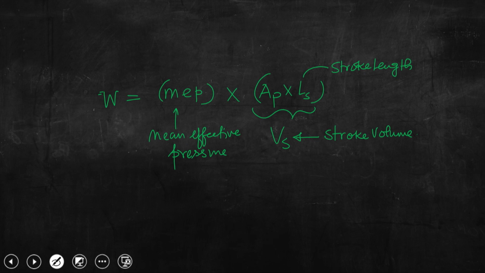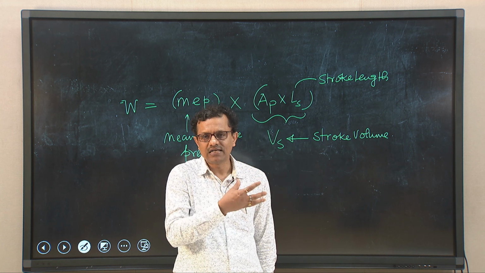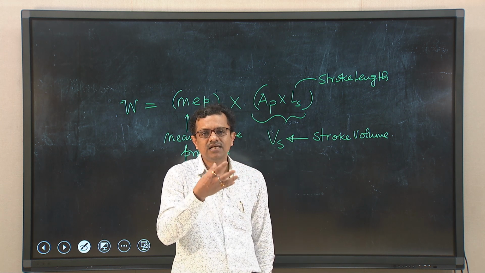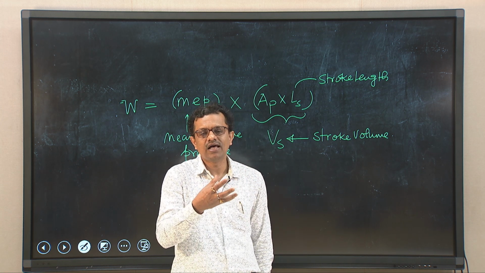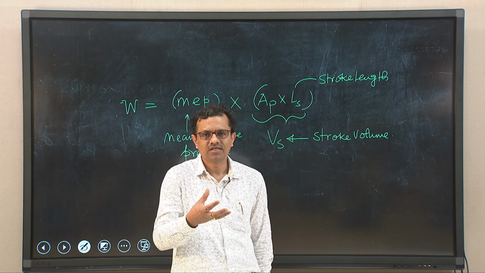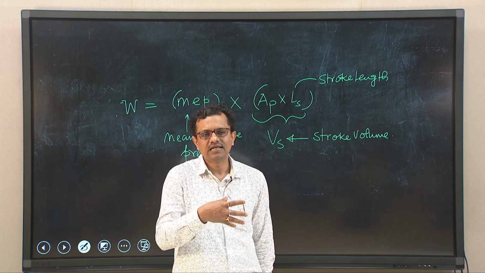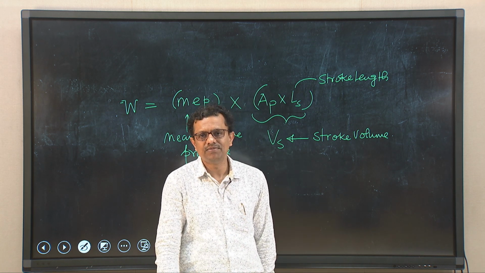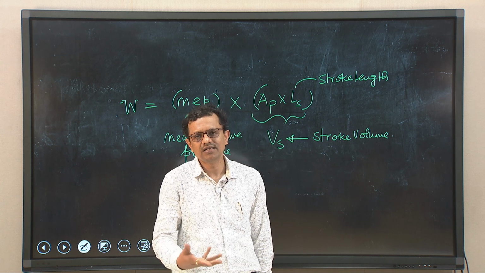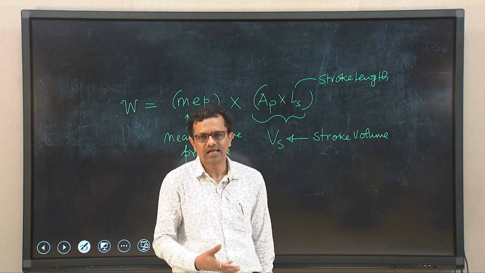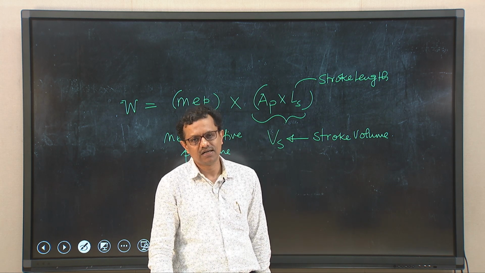Now, if we try to know the mean effective pressure: the pressure inside the engine cylinder is continuously changing, and the work done will be calculated using the pressure variation and its average value inside the engine cylinder, that is typically known as indicated mean effective pressure, and essentially the work that we will be calculating is indicated work done.